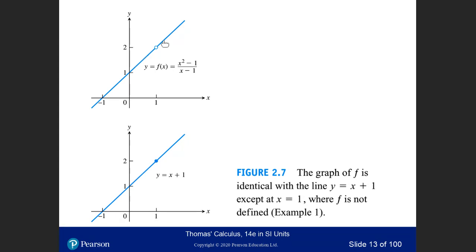Okay, how about this function? This function is not defined at x equal to 1, however, it's defined everywhere else. So what's the limit of this function? As you approach 1 from this side, you approach 2. As you approach from this side, again you approach 2. So the limit must be 2. However, the function is not defined at 1, but I don't care about this.